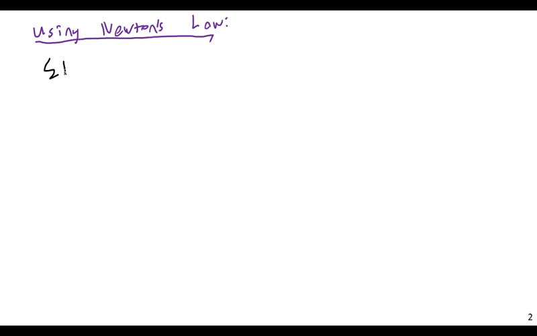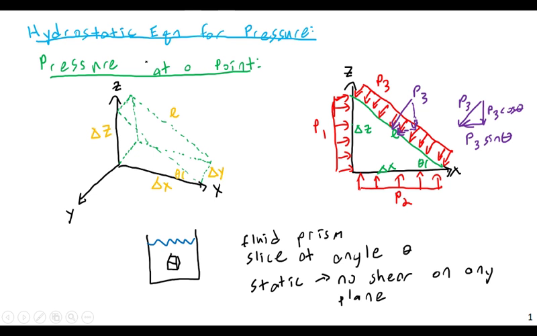So if I do a sum of forces in the x direction, this is going to be equal to 0 because it is static. This is going to be equal to P1 times delta z times delta y. If you look here, P1 is applied on the horizontal surface here, and so the dimensions of this rectangle are delta z times delta y.